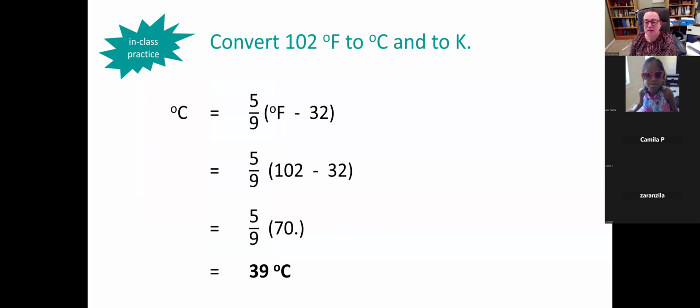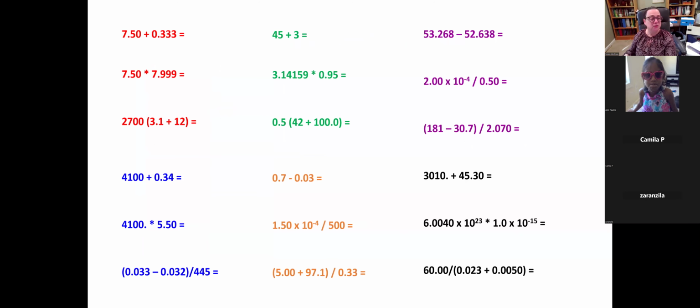All right. So again, because we're in the virtual world, I am not going to subject you to breakout rooms again. We have all survived that time. But what I will let you know is here are some problems you can practice with, and they were color coded so we could just do them in our different groups. But you can practice these on your own if you want a little more practice.